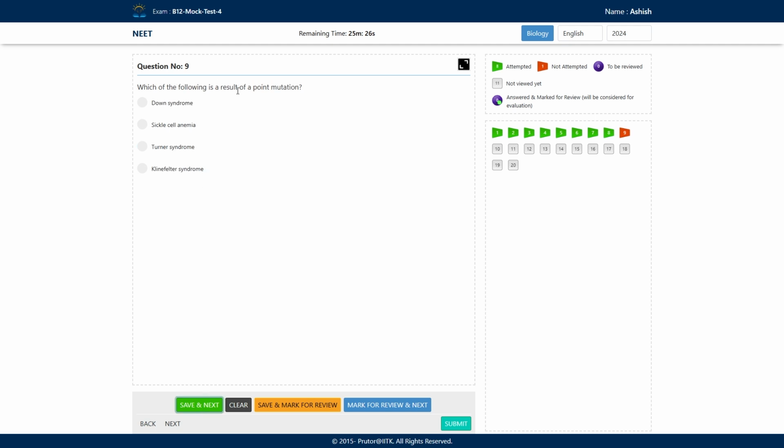Next is, which of the following is a result of point mutation? The point mutation we've already discussed. It is a change in a single base pair of the DNA. Which disorder is due to a point mutation? Down syndrome, sickle cell anemia, Turner syndrome, or Klinefelter syndrome? This is a very straightforward question. What will be the answer?